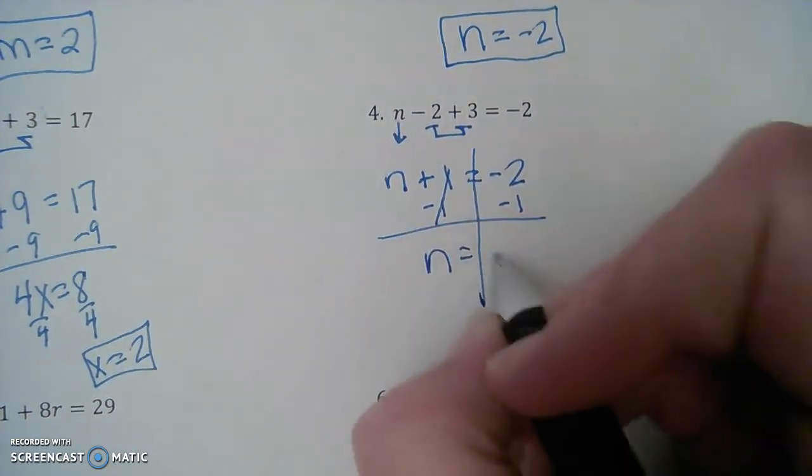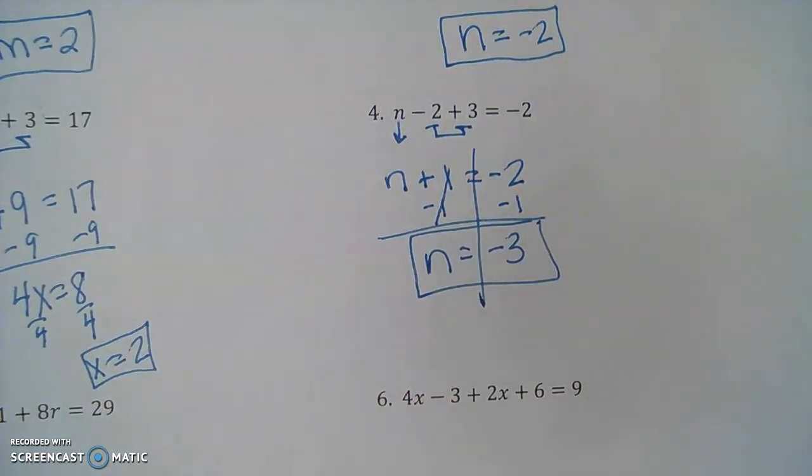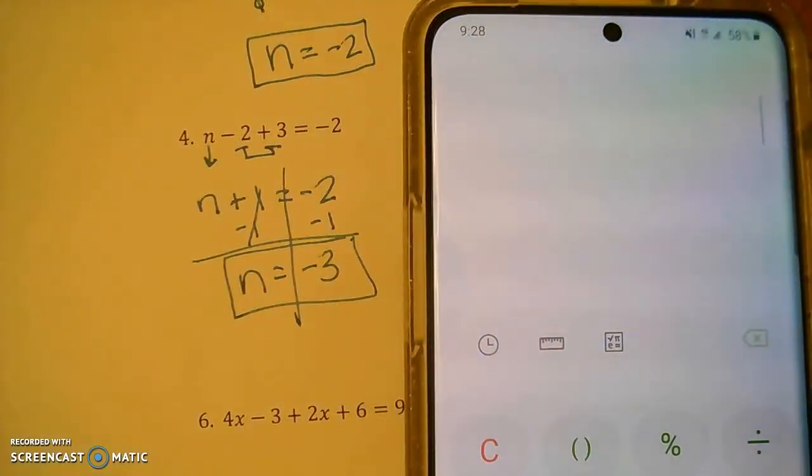And we get n equals negative 3. So if you want to check that one, we would do negative 3 minus 2 plus 3 to get us our negative 2.